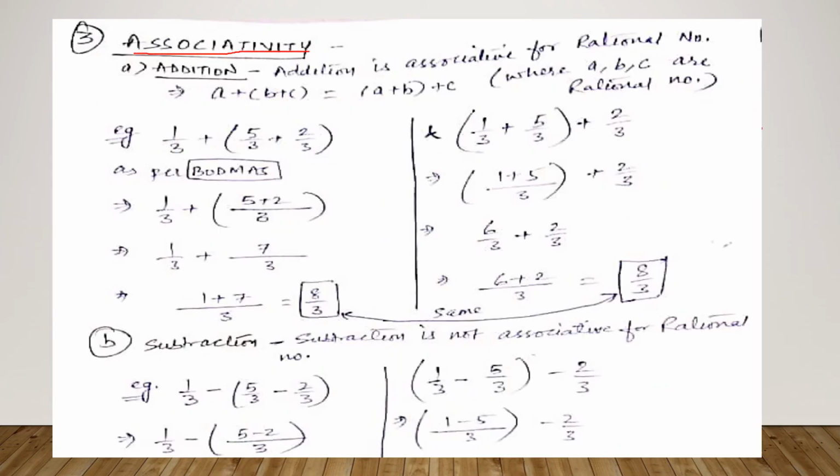Associativity. Addition. Addition is associative for rational numbers. What is the associative property? In this case we have three numbers at a time, A, B and C. So we have to see that the position of the bracket doesn't change the answer.